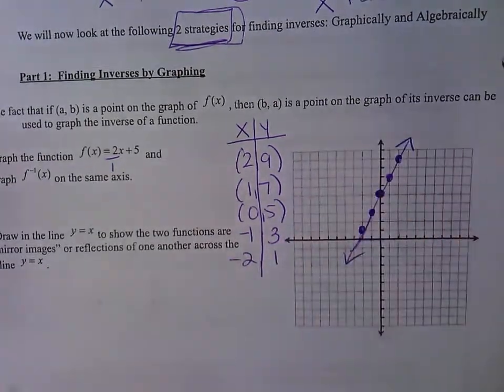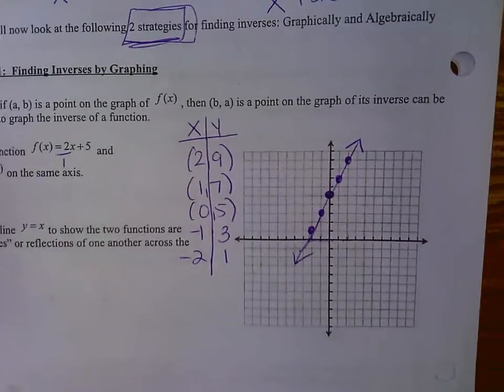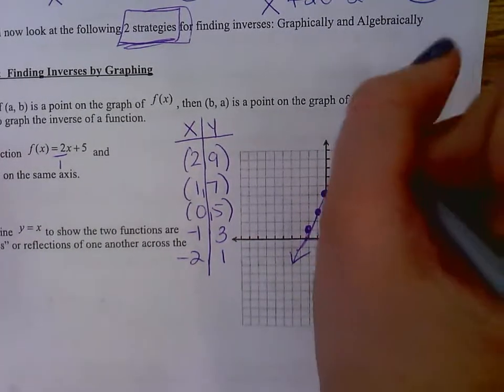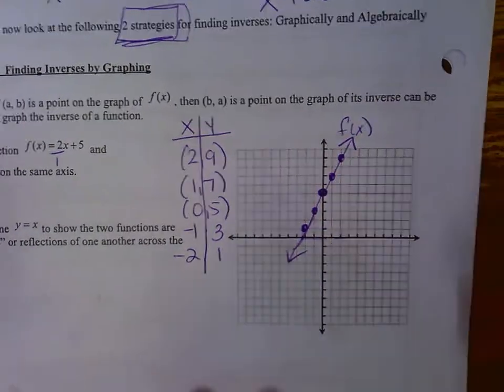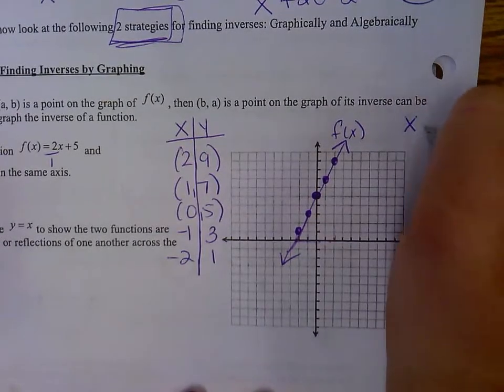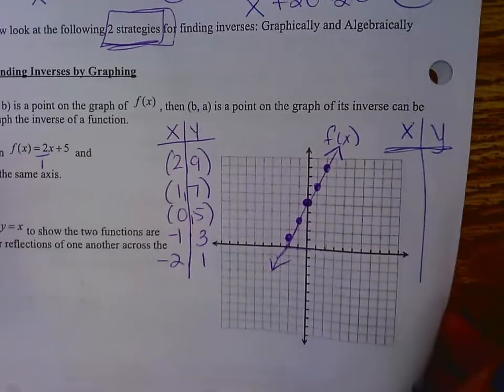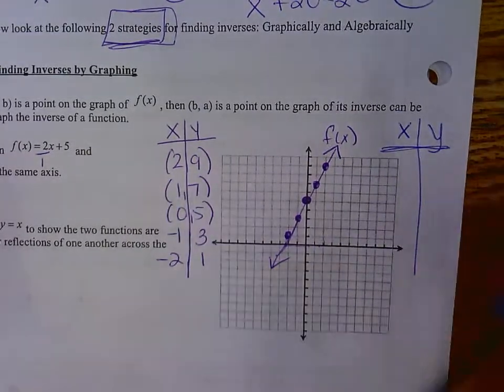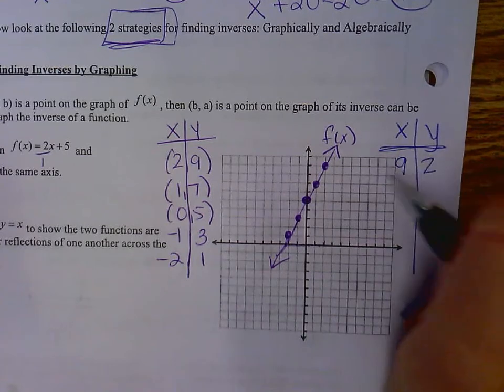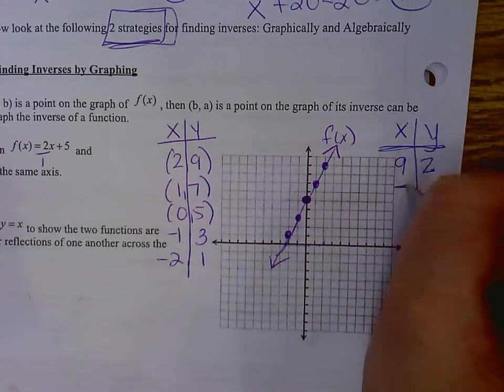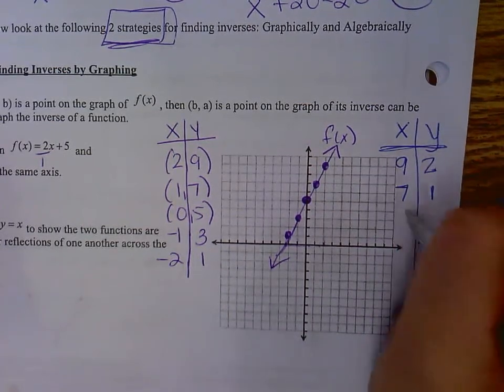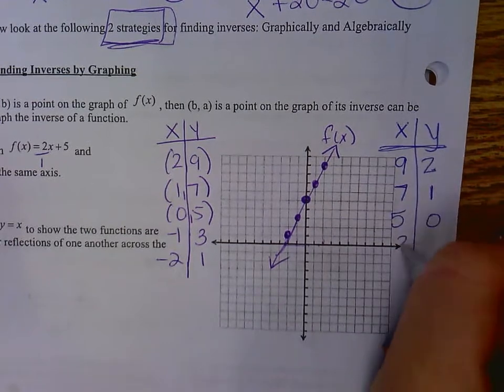So I made a table of values. That's my purple line, right? This is f of x. How do I graph f inverse? I'm just going to use a different color pen. You don't have to. If I switch the x and the y value, now I have the points 9, 2 and 7, 1 and 5, 0, 3, -1 and 1, -2.